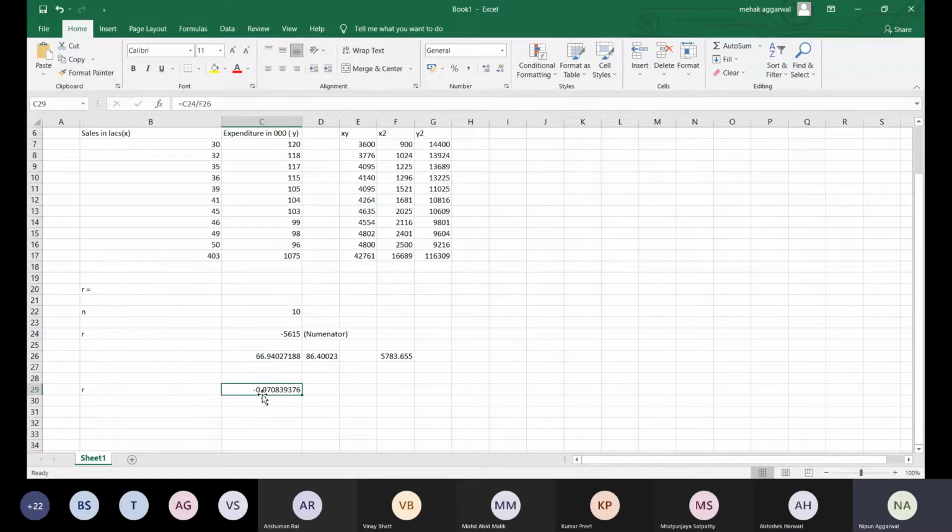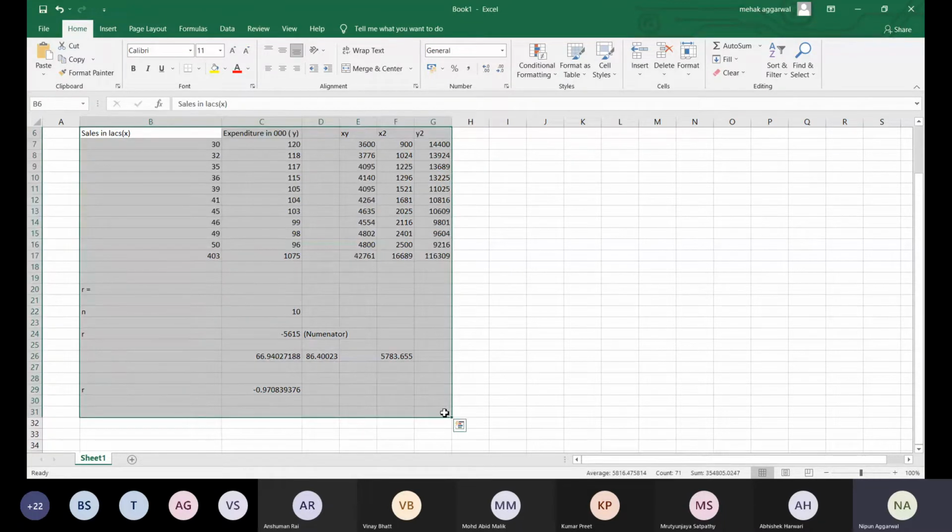Fine. Now this is known as a correlation model in Excel. What we have created is the correlation model in Excel. Now we only have to change the data, because we have made the model so that all the values are by reference.